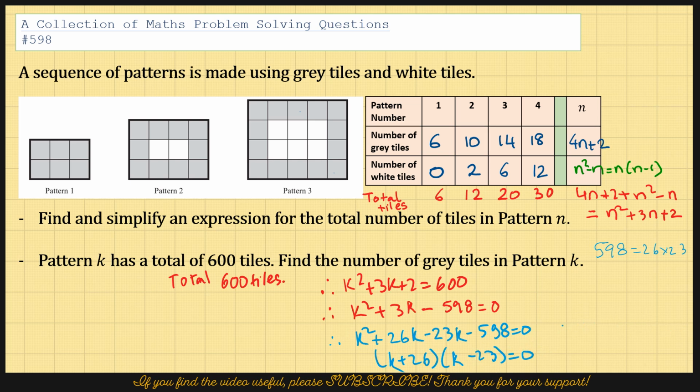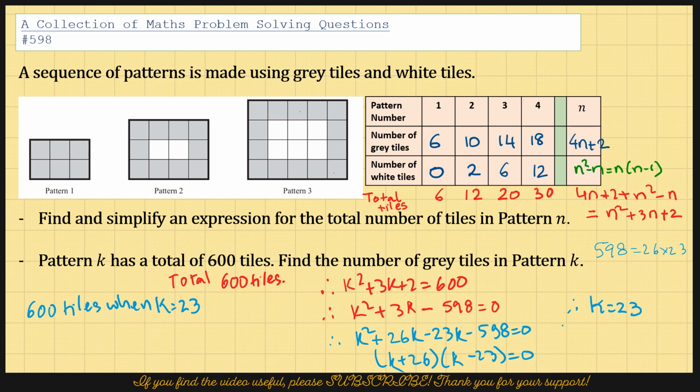So k plus 26 is not equal to 0, because k would be negative then. Therefore k minus 23 is 0, so k equals 23. So there are 600 tiles when k is 23.